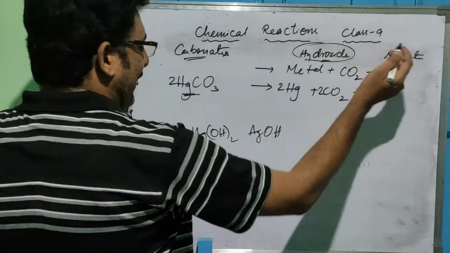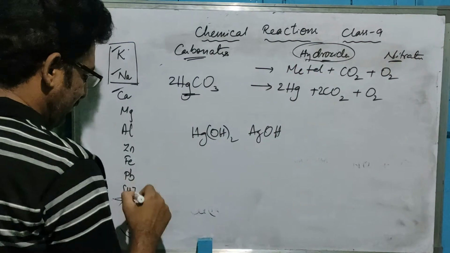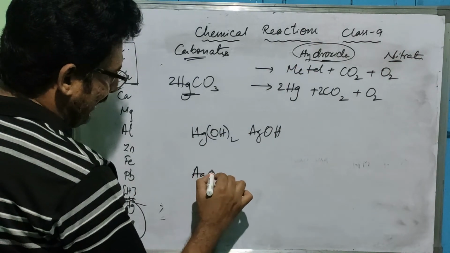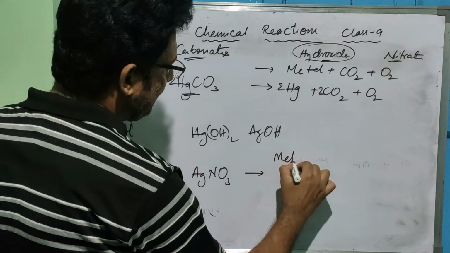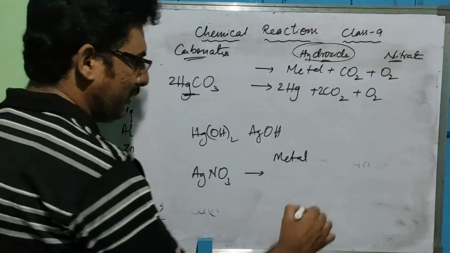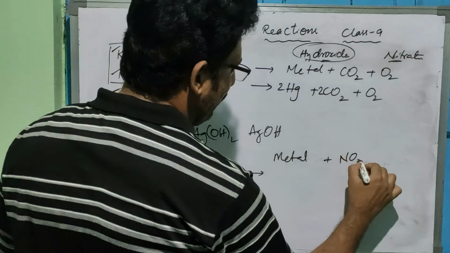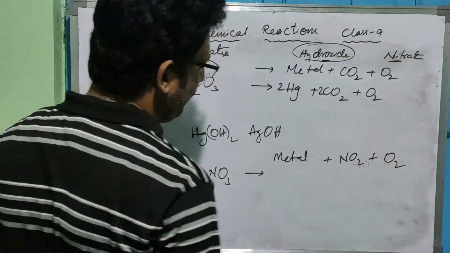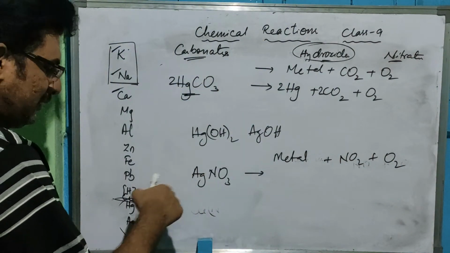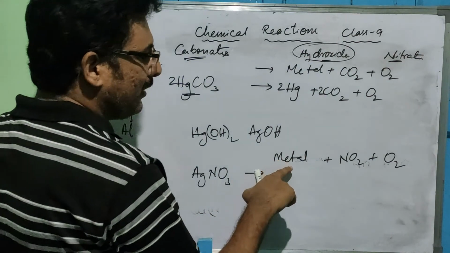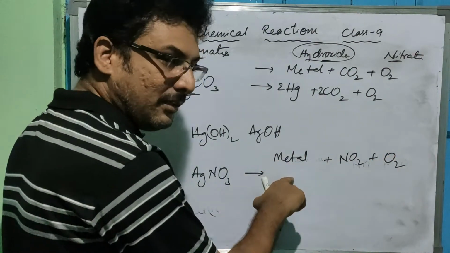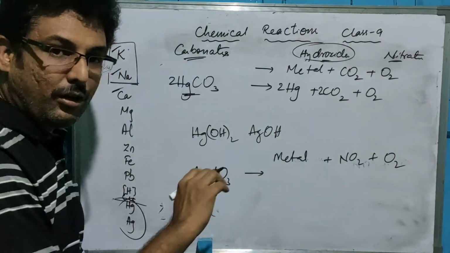And coming to the nitrates, if you take nitrates of these two, for example silver nitrate, you will get the products: the metal, nitrogen dioxide and oxygen.